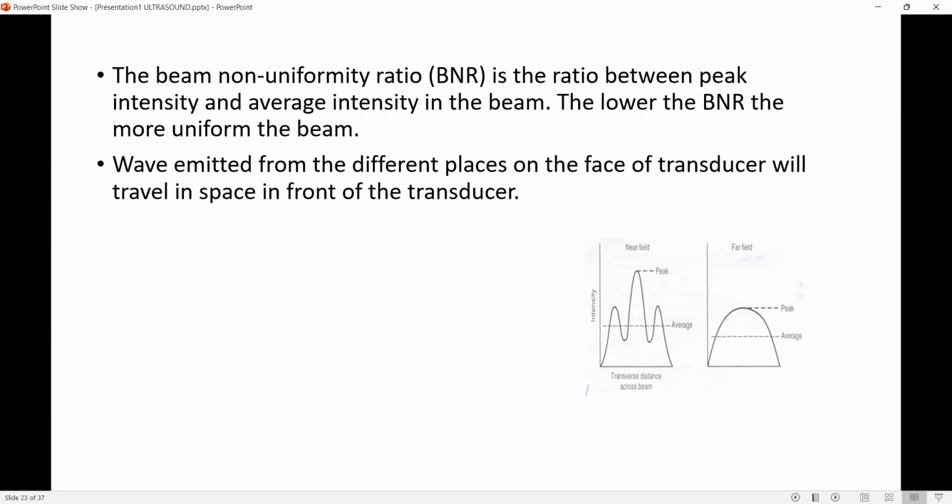Waves emitted from different places on the face of the transducer will travel in the space in front of the transducer. As seen in the diagram: near field peak, average intensity, and transverse distance across the beam.